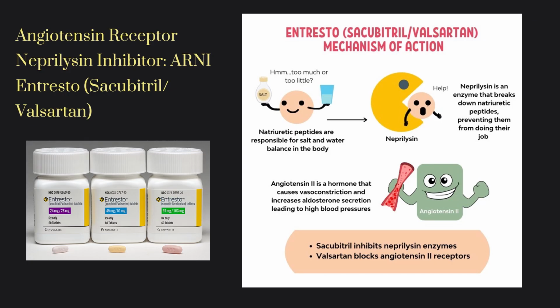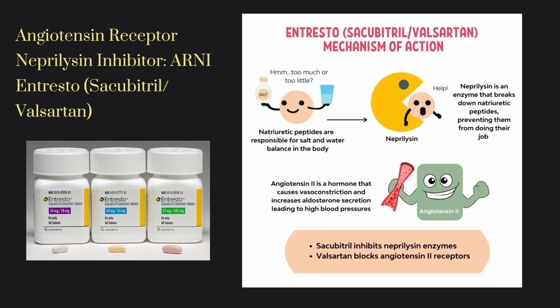Neprilysin breaks those down so they can't work the way they are supposed to. And then, pause that thought, angiotensin 2 causes vasoconstriction and increases aldosterone, which leads to high blood pressure.